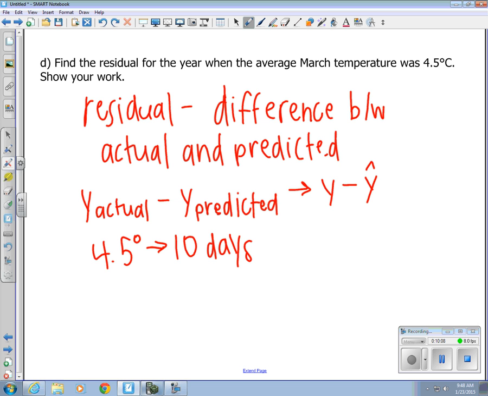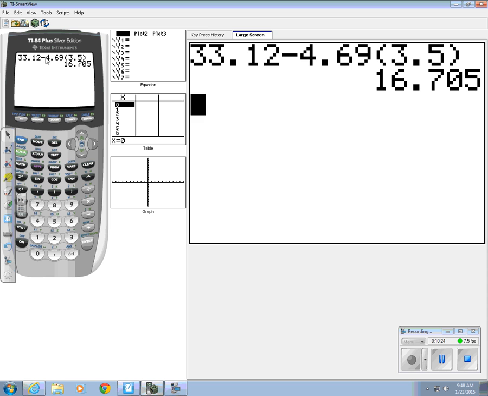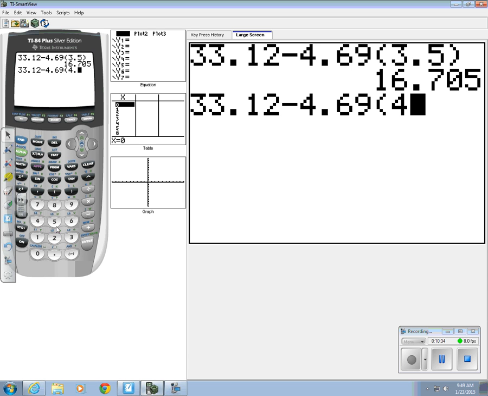So with our linear regression again, you want to plug in 4.5 degrees. So go back into the calculator. In our calculator, you can just move this down and change 3.5 to 4.5. So 4.69, 4.5, and that gets you 12.015.